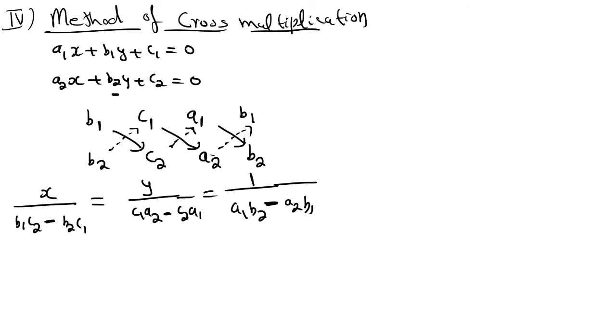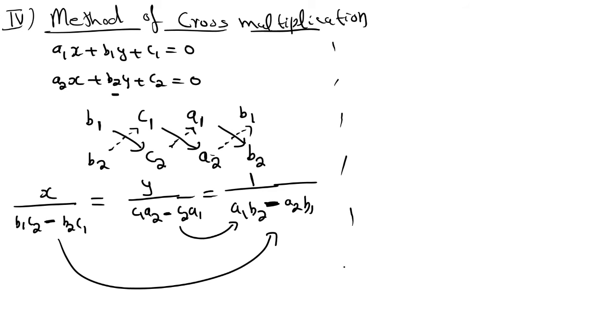Remember, in the denominator the middle minus is there, that is by the formula. If you apply, compare the first one with the last one, and the second one with the last one, that gives the x value and y value. We'll see that in problem solving.